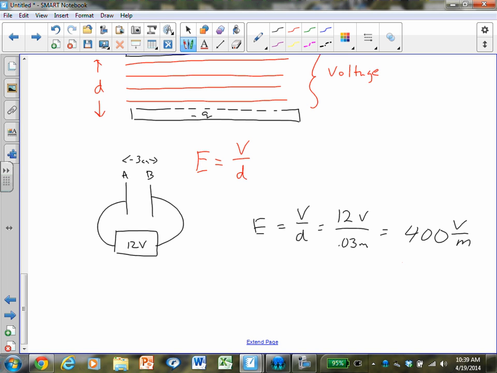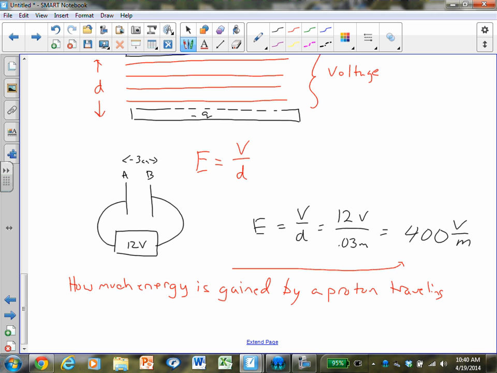If we had that amount of electrical field, we could ask the question, how much energy is gained by a proton traveling from plate A to plate B.